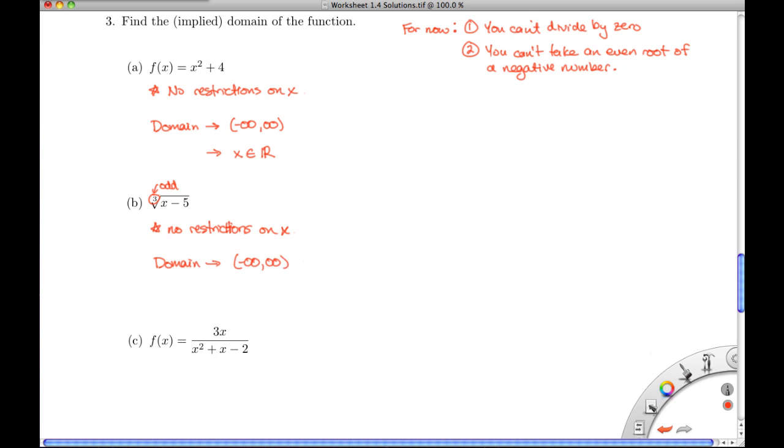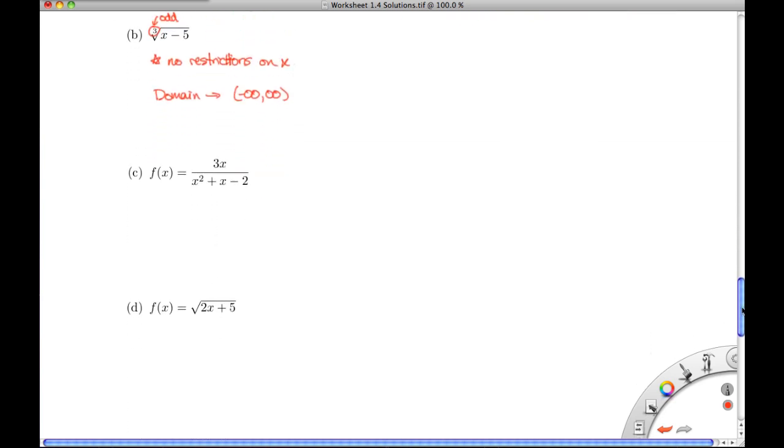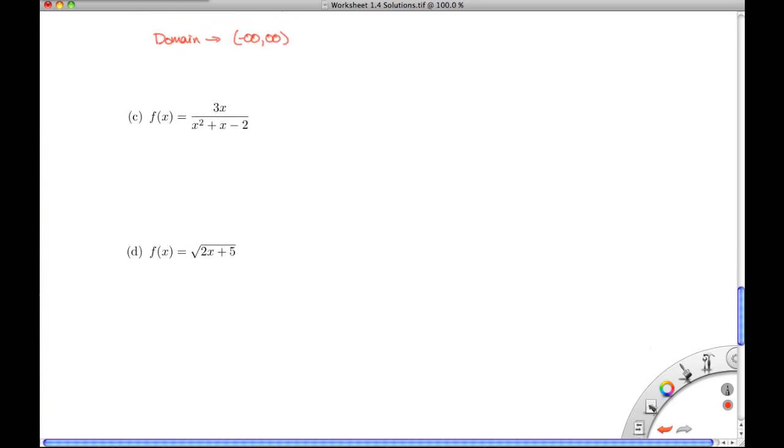Okay, so now we get to a problem like C, where we've got x's in the denominator. Anytime you have a rational function, or something that has a denominator in it where x's are part of that denominator, you're leaving yourself open for the possibility that there may be an x value that makes that denominator 0 and would need to be identified as a restriction on your domain.